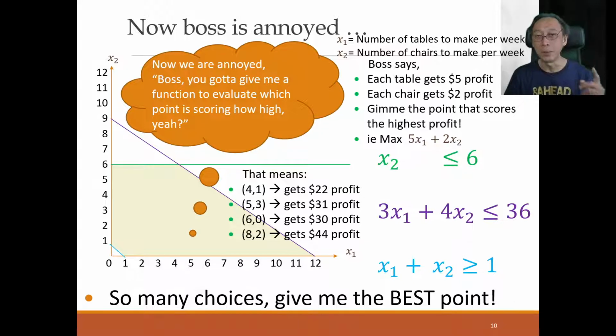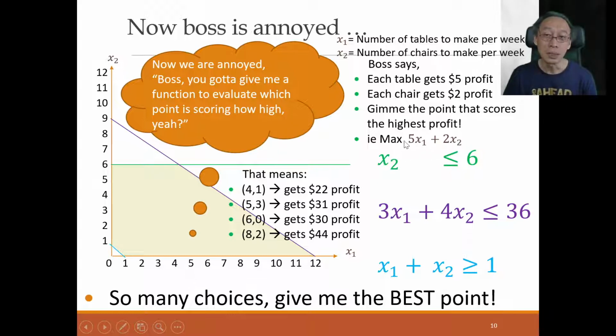The boss says, you're right. So he says, attach 5 as the coefficient for x1. So each table gets $5 profit, each chair gets $2 profit, and 2 becomes the coefficient for x2. Give me the point that scores the highest profit. And that sounds familiar, right? So we want to maximize 5x1 plus 2x2.